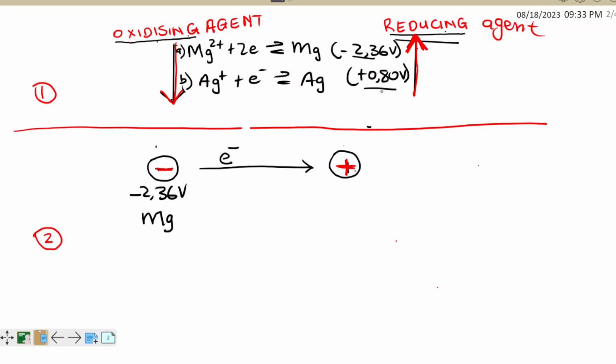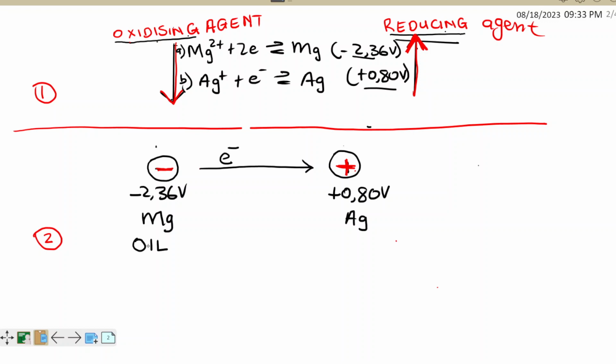Then the one that is higher is this one, silver, which is positive 0.80 volts. So if electrons are moving from negative to positive, or from lower to higher, they are moving away from the magnesium.